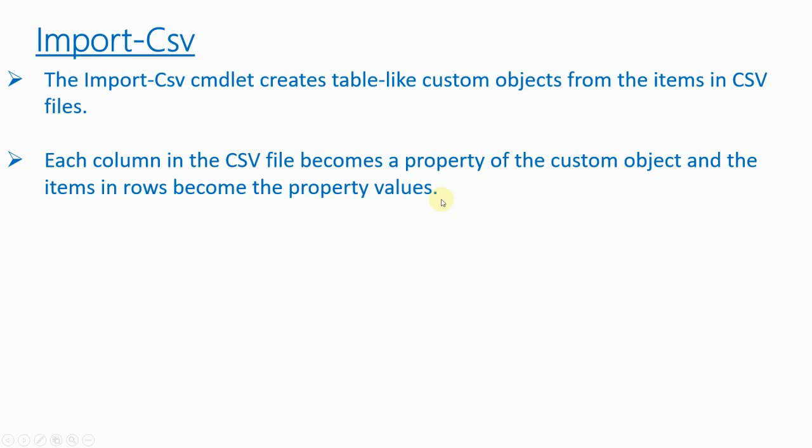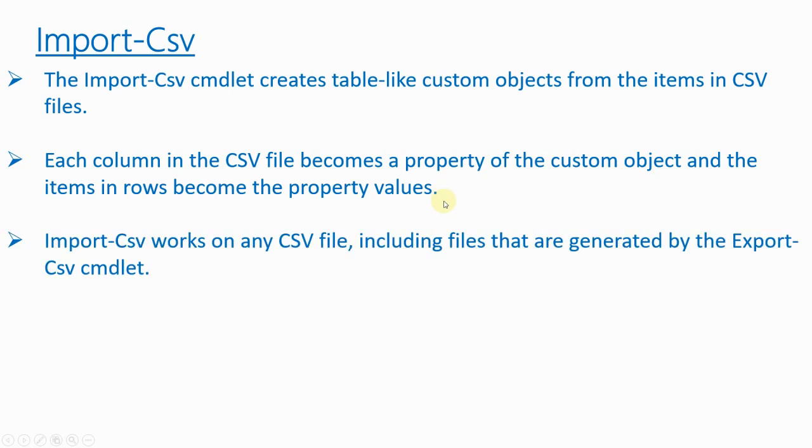So this is how it will be when we import the data from CSV to PowerShell. And this commandlet works on any CSV file. The CSV file can be generated either from the Export-CSV commandlet, or it can be generated from another source also. There is no constraint on how and from where the CSV file is generated.